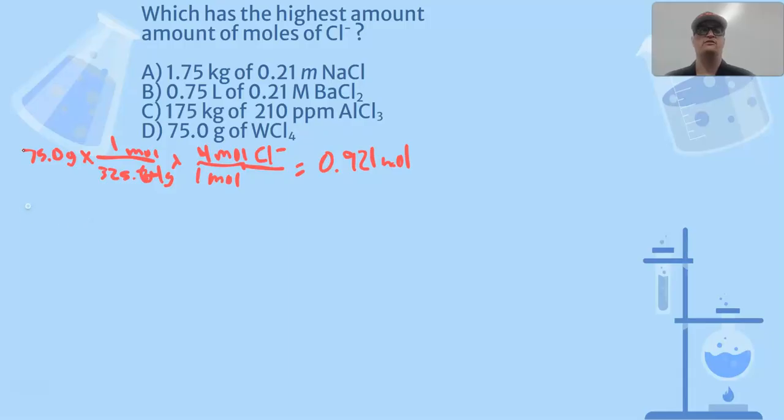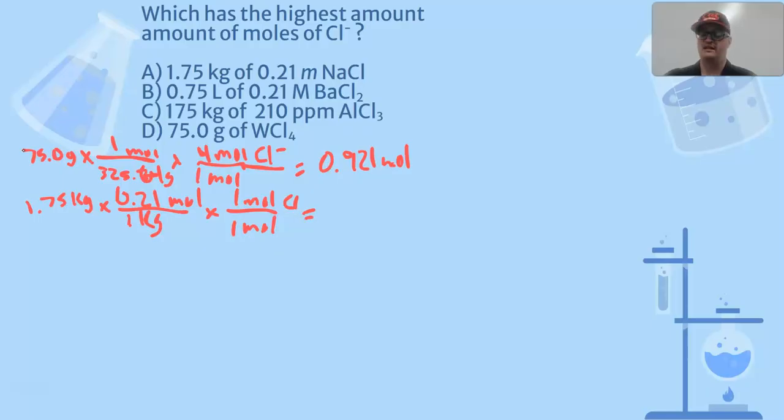Next, let's look at our molality. That's the first one, right? So 1.75 kilograms of this substance. And I can use molality just like molarity. Remember, it's 1 kilogram for 0.21 moles. And I can see for every 1 mole of the substance, I get 1 mole of the chlorine.